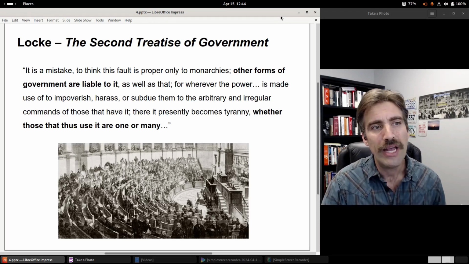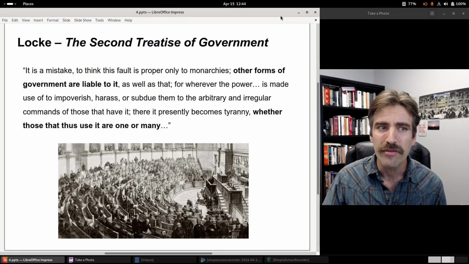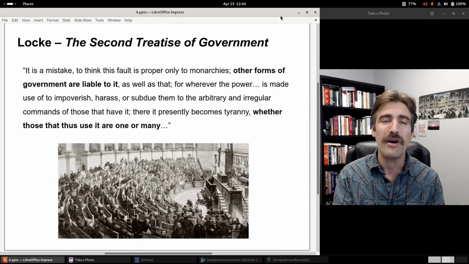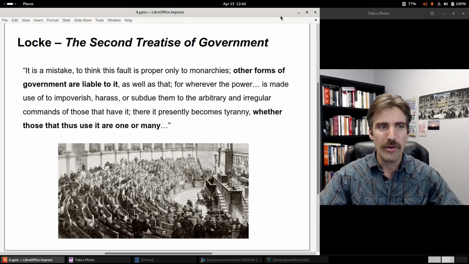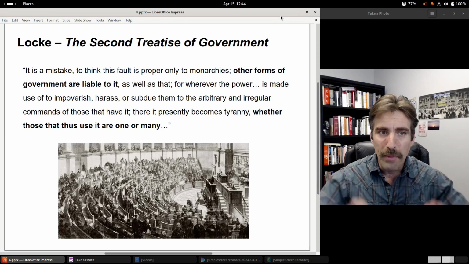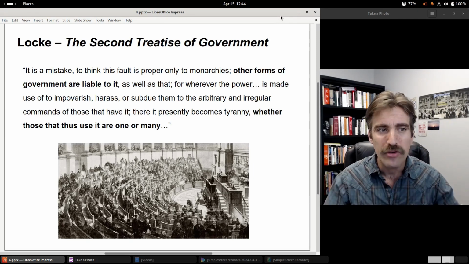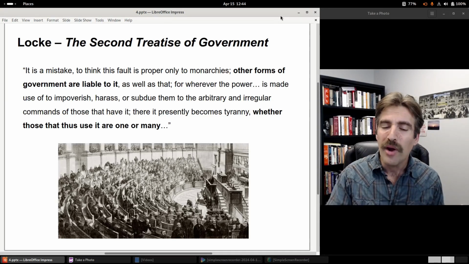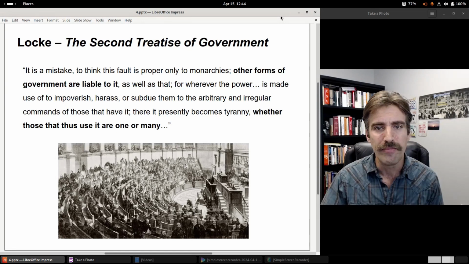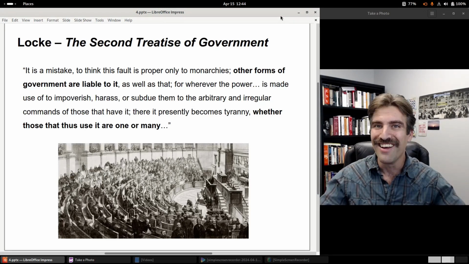Locke says, it is a mistake to think this fault is proper only to monarchies. Other forms of government are also liable to it. For wherever the power is made use of to impoverish, harass, or subdue them to the arbitrary and irregular commands of those that have it, there it presently becomes tyranny, whether those that use it are one or many.